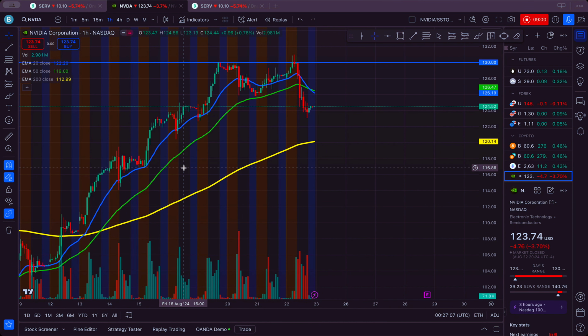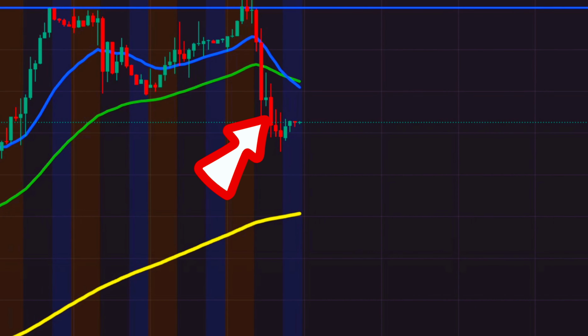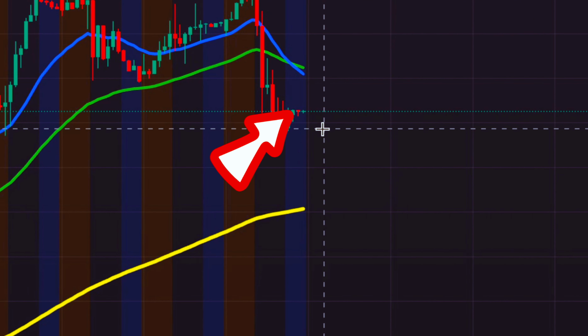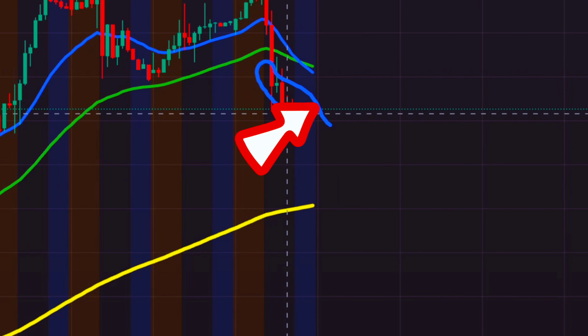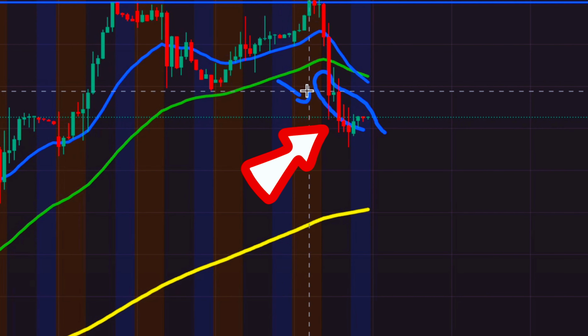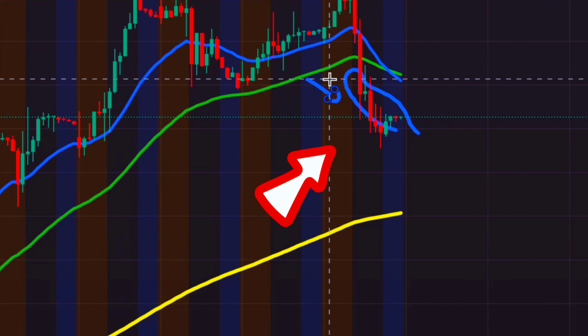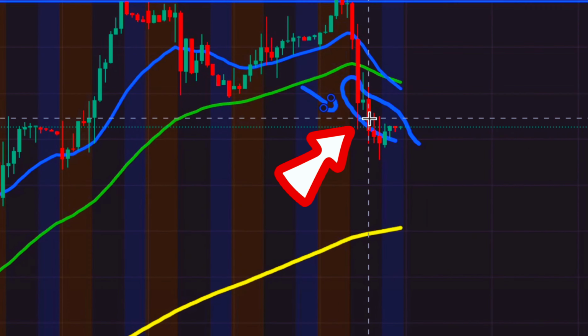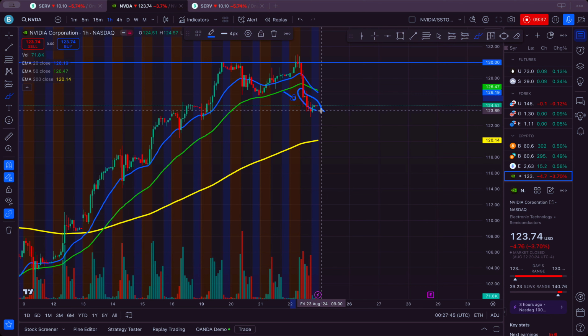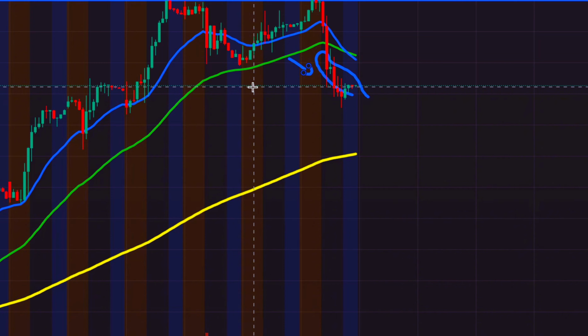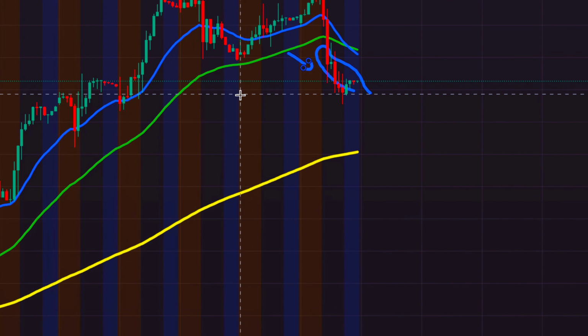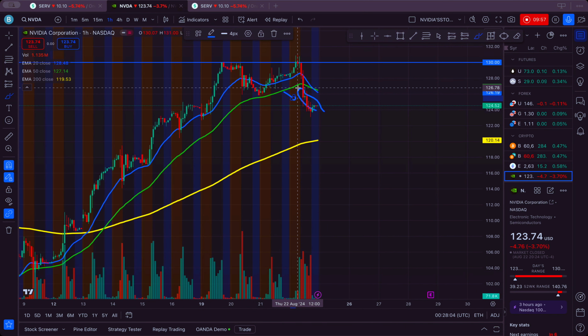And when it's below, we see a downtrend, as you can see here, below the 50 EMA. So this one here is a downtrend. Traders often look at the 50 EMA for confirmation of trend strength, or to spot potential reversals.